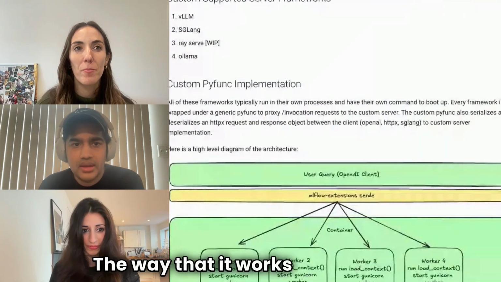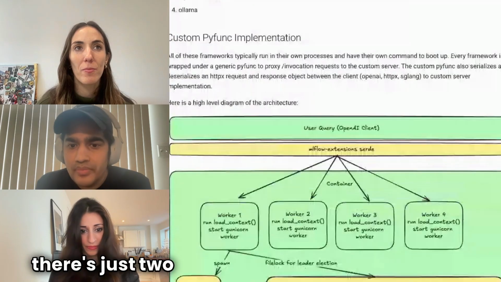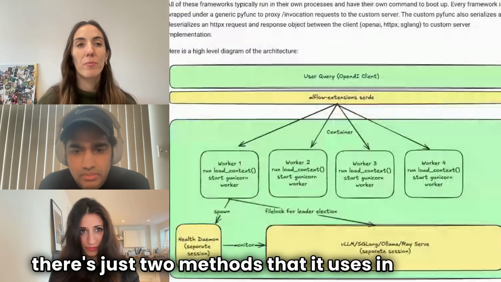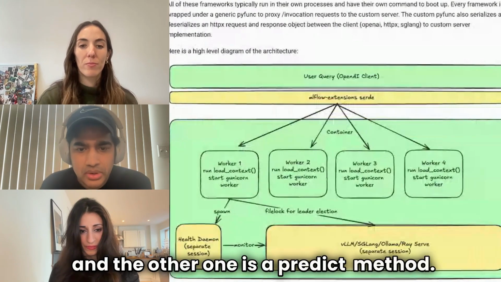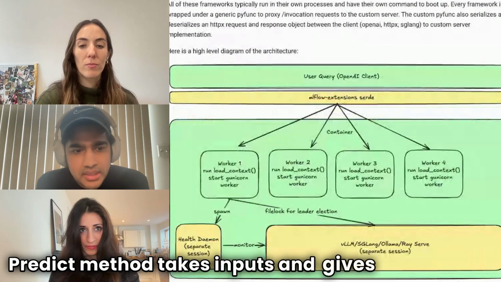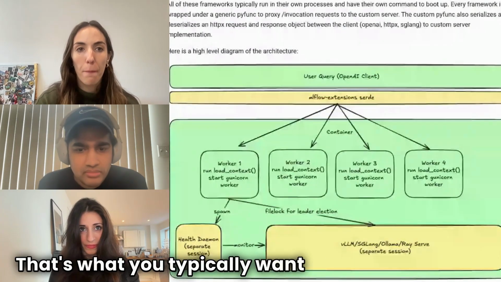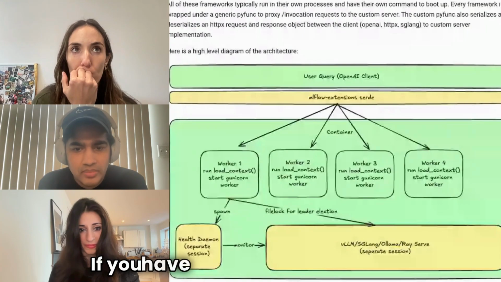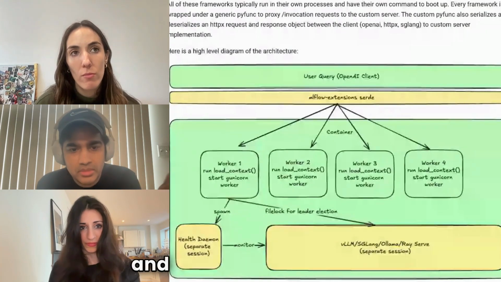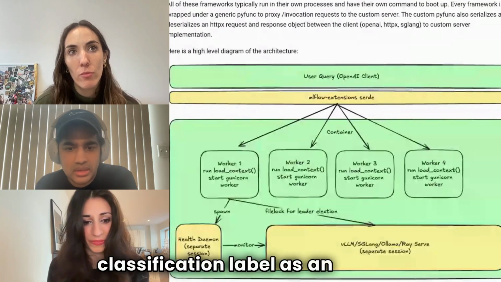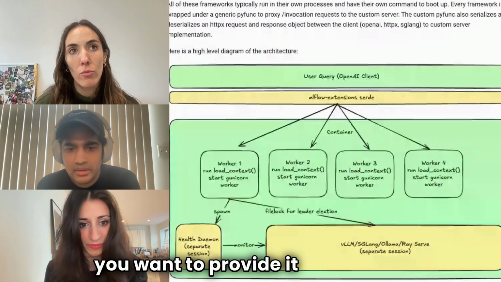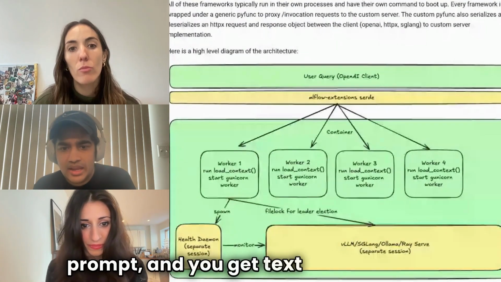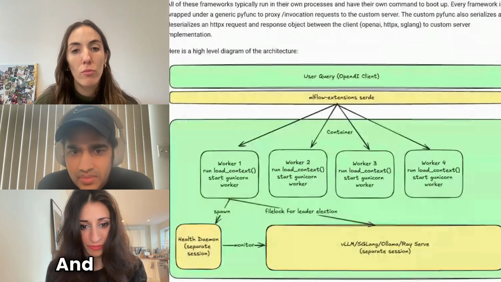The way it works is in MLflow, there are just two methods it uses in Python. One is the load context, and the other is the predict method. The predict method takes inputs and gives you outputs. That's what you typically want to do in any model. If you have a classification model, you give it some input, and it gives you the classification label as an output. In a text-to-text LLM scenario, you provide a question, a prompt, and you get text as the output.